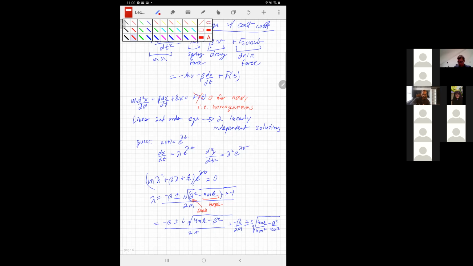And what do you know, the 4 cancels. And I am left with minus beta over 2m plus or minus i square root of k over m minus beta over 2m squared.